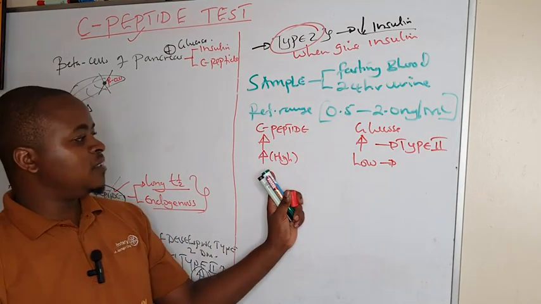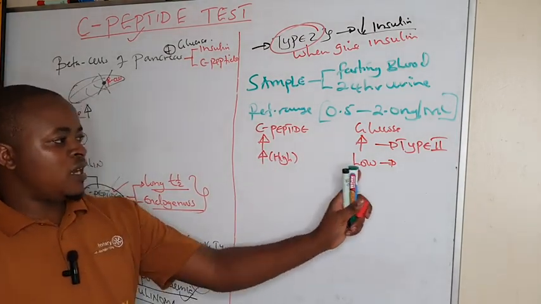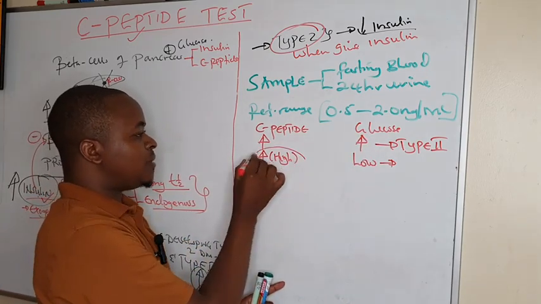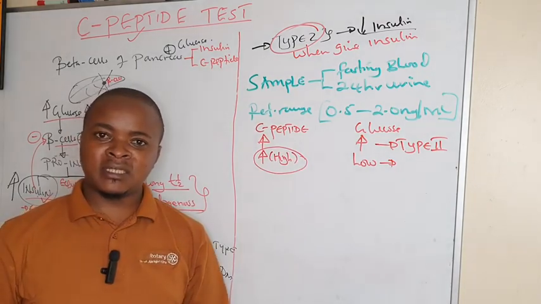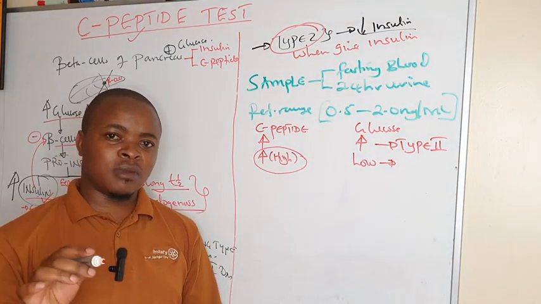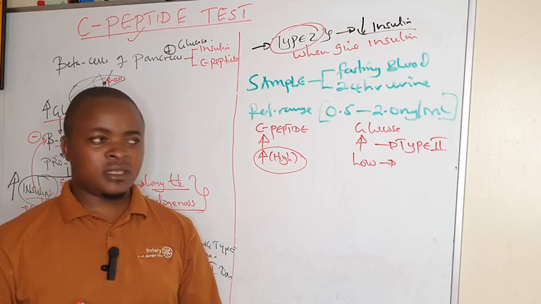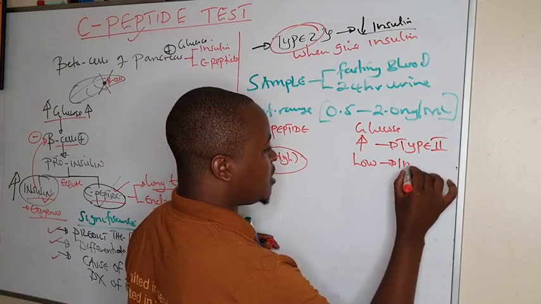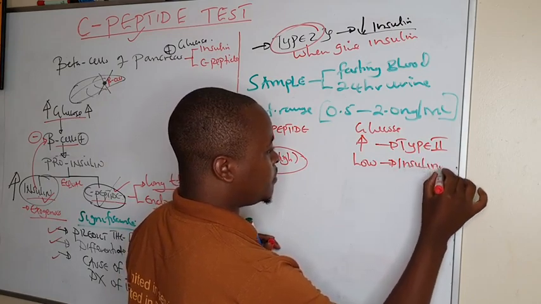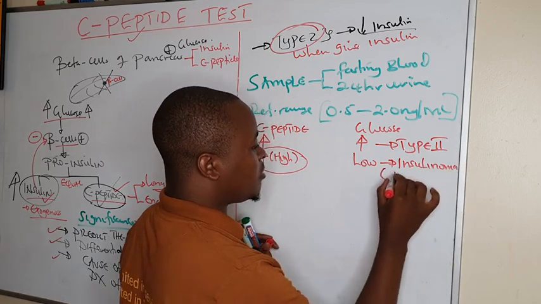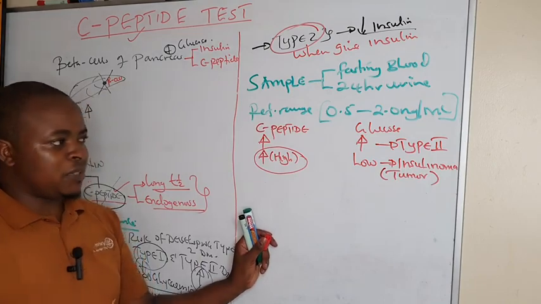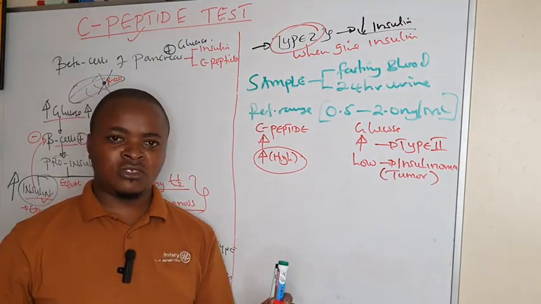So when we find there is high C-peptide, and yet we know that glucose is the one that stimulates its production, it means there is a problem with the beta cells. Either there is a tumor affecting beta cells, and this condition can be hyperinsulinemia caused by the insulinoma, the tumor of the pancreas that causes the beta cells to produce much insulin.